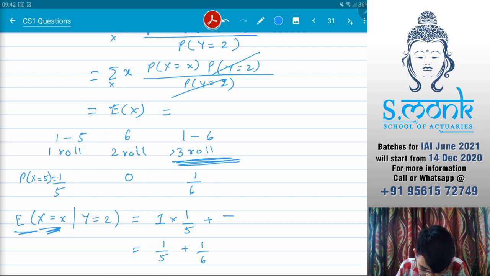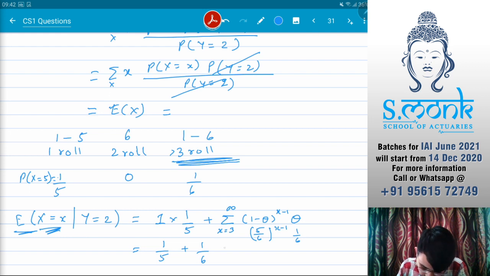That would be the summation, let's say x equals 3 to infinity, of (1 minus theta) raised to x minus 1 into theta. Or you can say it would be (5 by 6) raised to x minus 1 into 1 by 6.